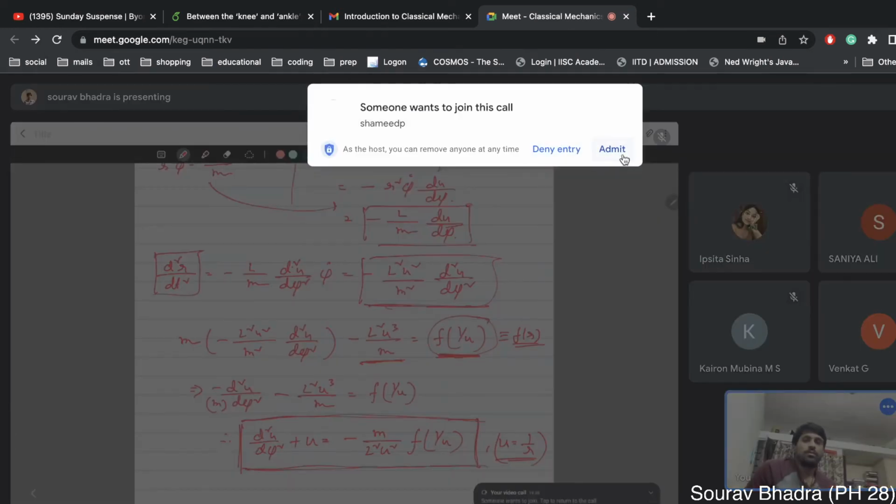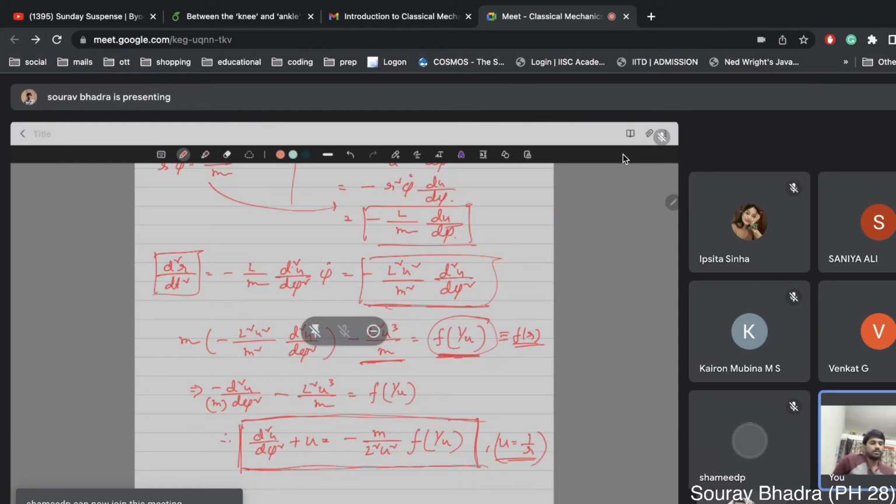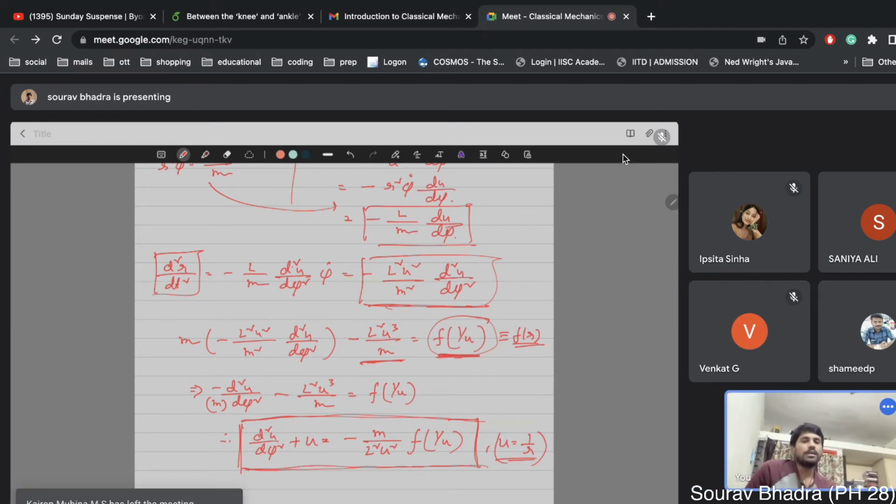So this equation, with your particular form of the force, that is f of r or f of 1 by u, whatever, will tell whether your motion would be in a circle, ellipse or hyperbola, because you know that motion under a central force obeys this type of conic section.